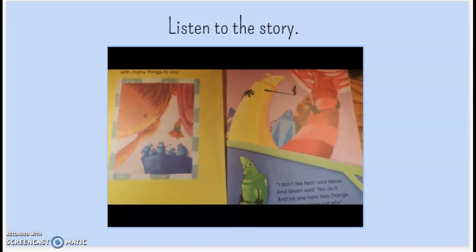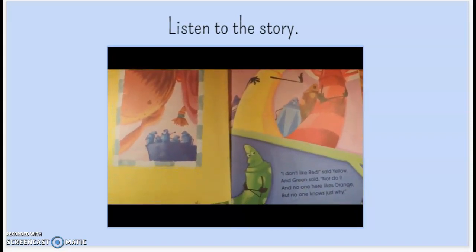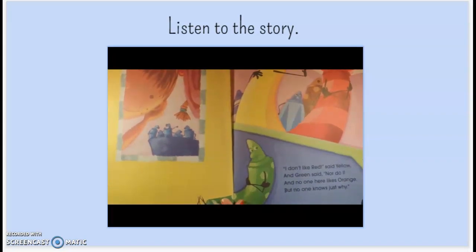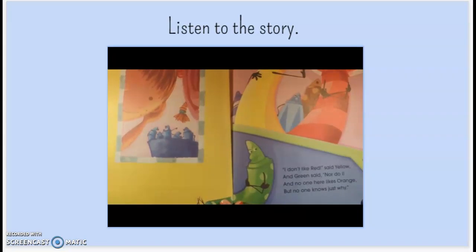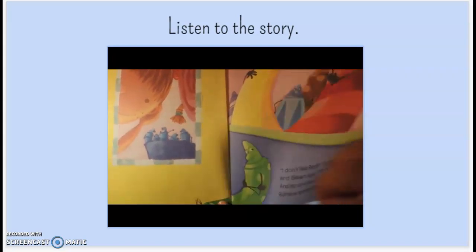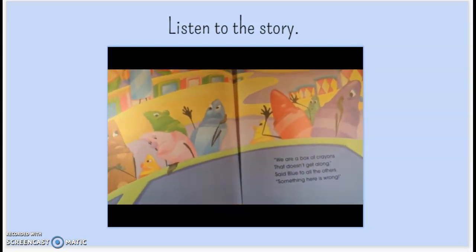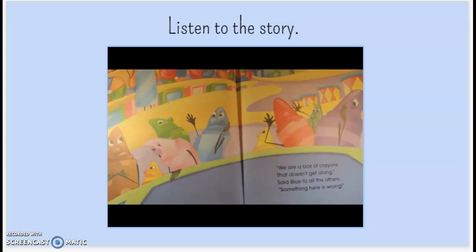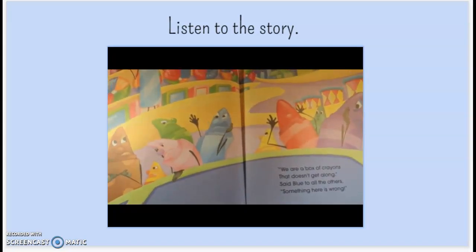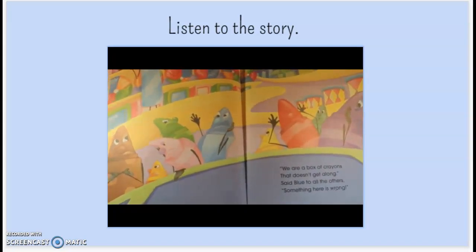I don't like red, said Yellow. And I don't like, nor do I, said Green. No one likes orange, and no one knows just why. We are just a box of crayons that does not get along, said Blue to all the others. Something here is wrong.